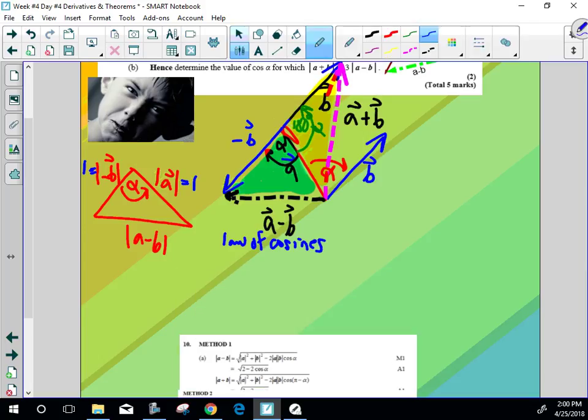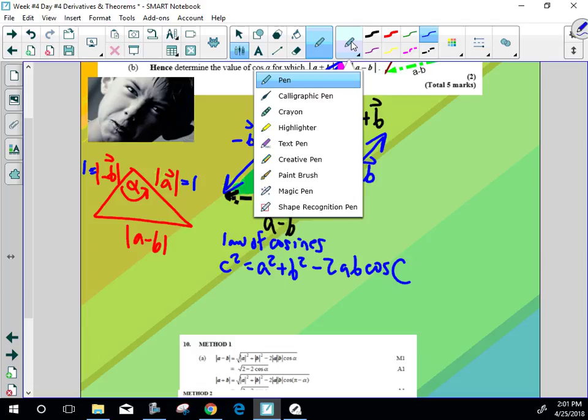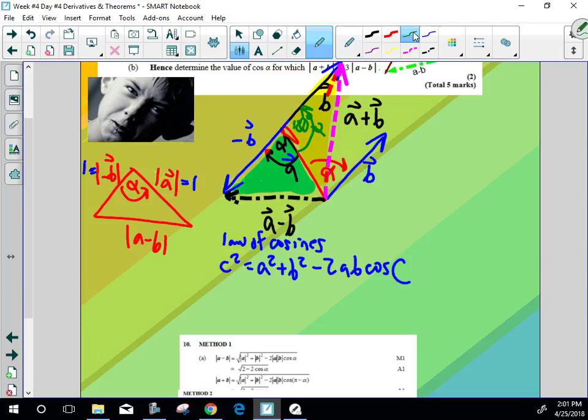With the law of cosines, what we can say is that c squared equals a squared plus b squared minus 2ab cosine of c, where c is straight across from side c.